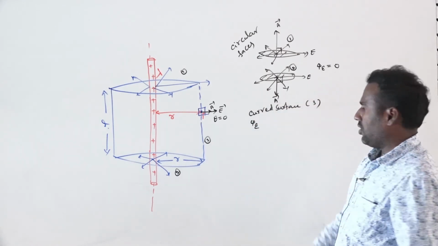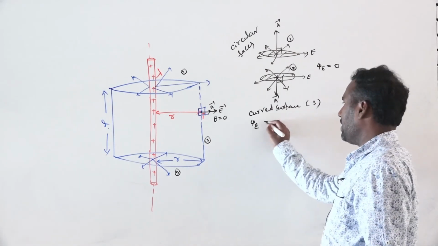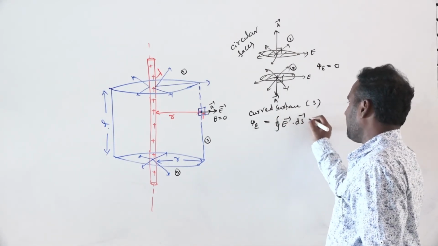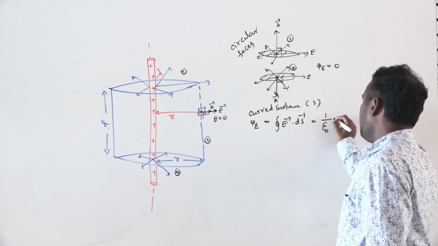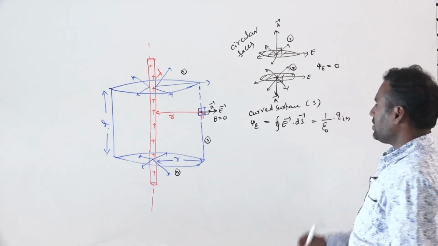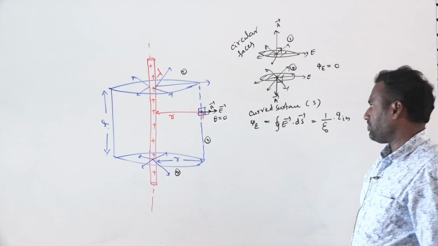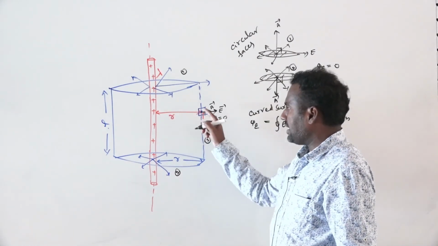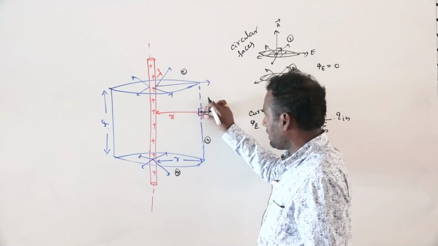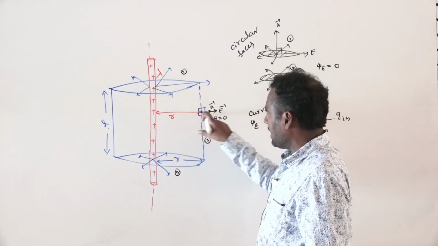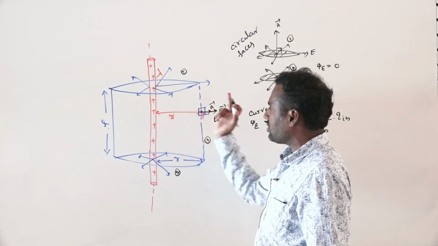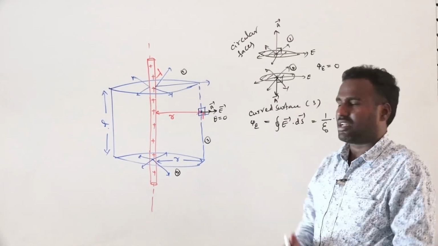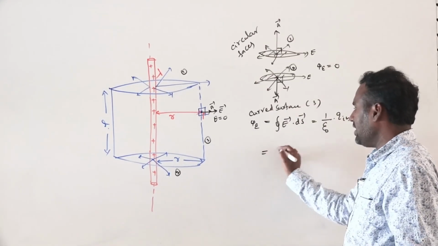For the curved surface, the electric flux is equal to the integration of E bar dot ds bar, which is equal to 1 by epsilon naught times the charge enclosed within the Gaussian surface. At a given distance r, for each and every small elementary part, the electric field is E, and the distance is constant throughout the surface, so the electric field is uniform for the complete curved surface.